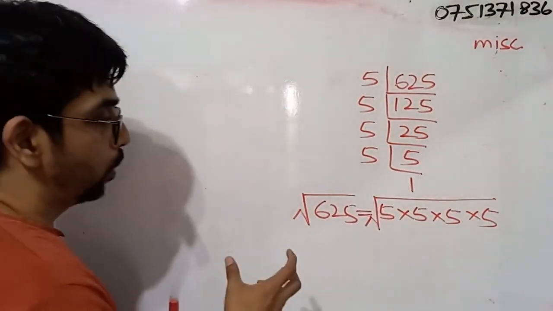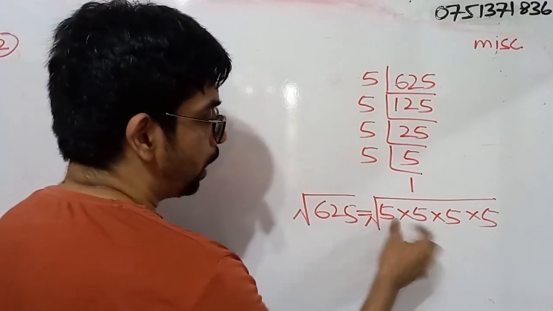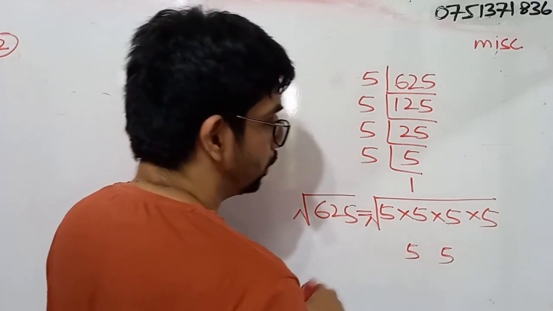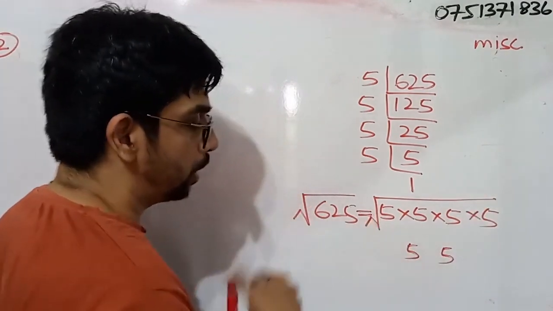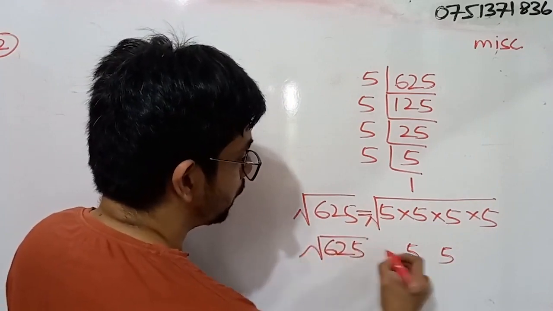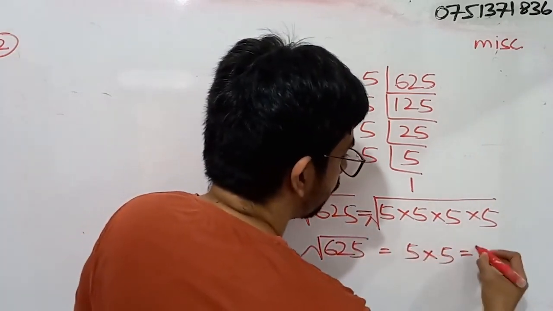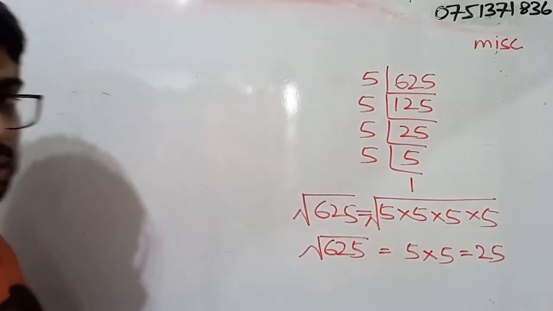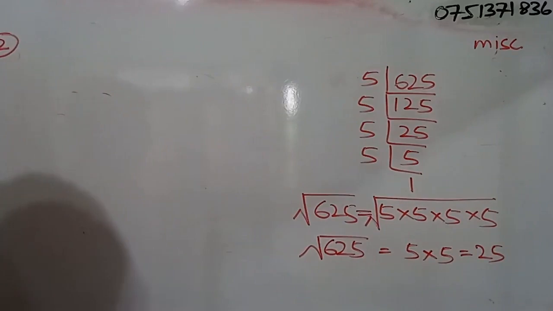So what do we do? Same two numbers, pick one. Same two numbers, pick one. Then we can remove this square root sign. So the square root of 625 is what? 25. Then between these numbers there is multiplication. So that is the way we calculate it, right?